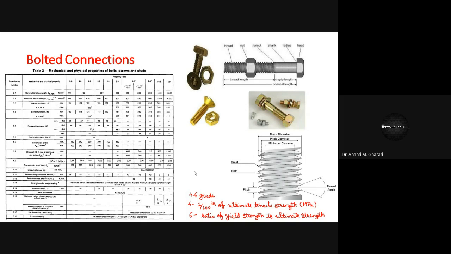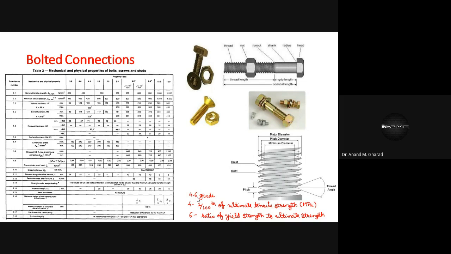Meaning, 400 divided by 100 is that value. That means that for 4.6 grade, the ultimate tensile strength for that bolt is 400 MPa. That is the meaning.